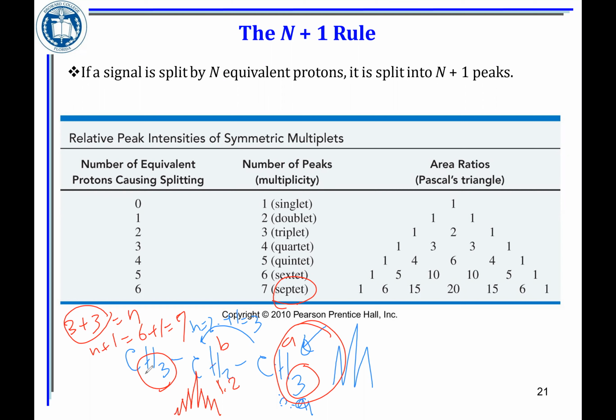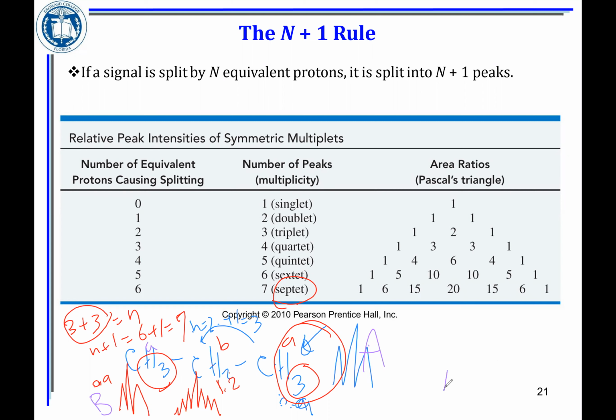So what about the CH3 on the left side? Location is going to be 0.9, and since it's attached to CH2, it's going to be a triplet. So if I have A and B coming from the same hydrogen, this is going to overlap.